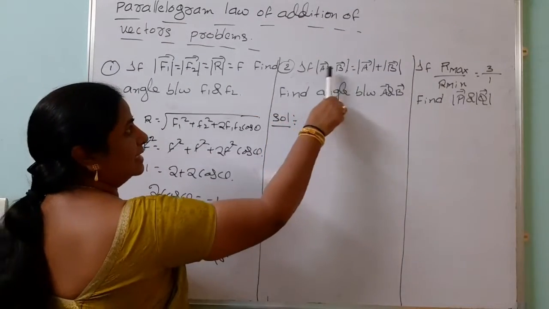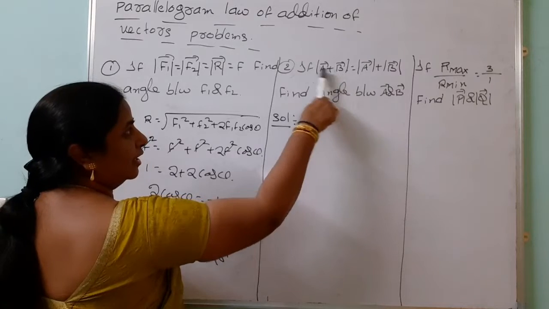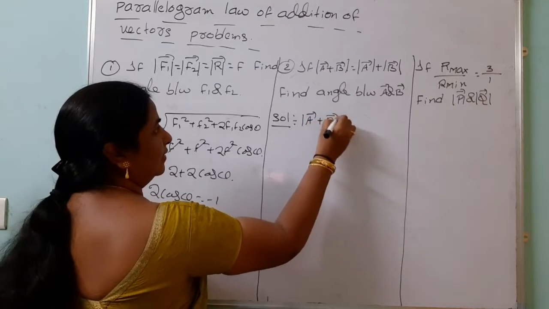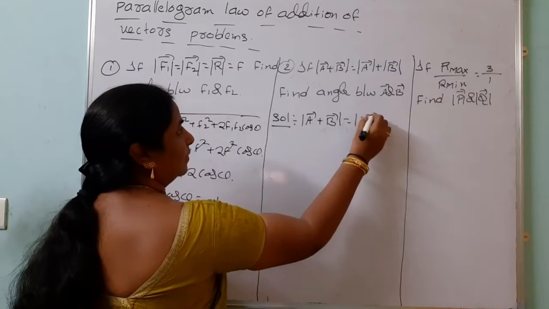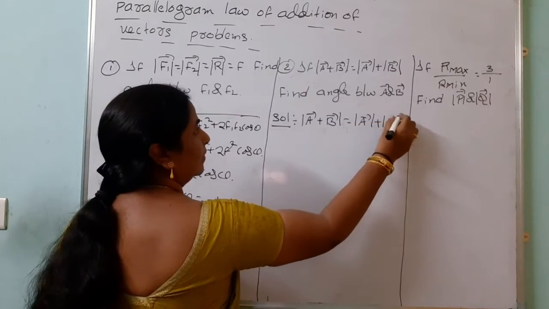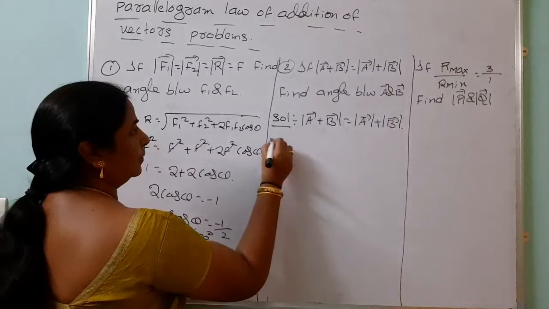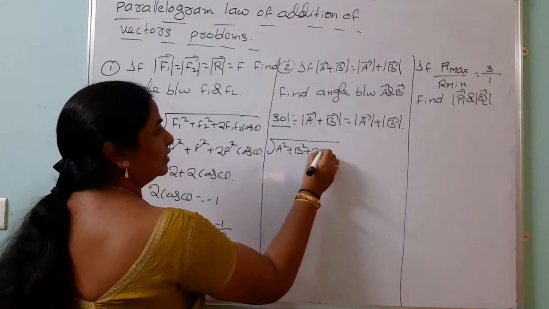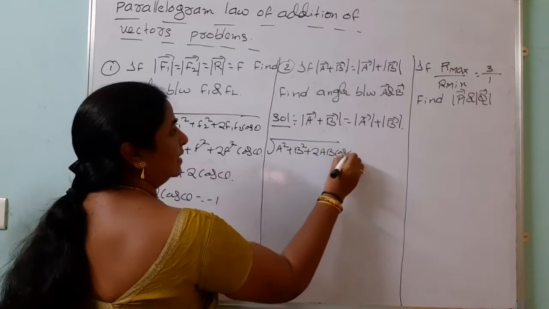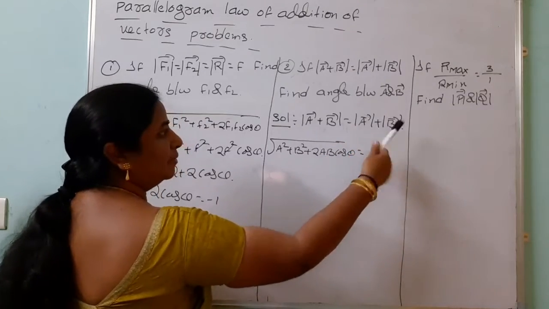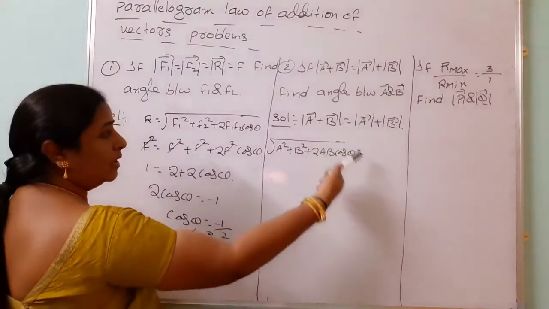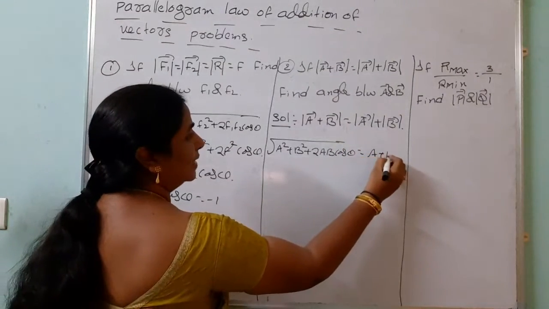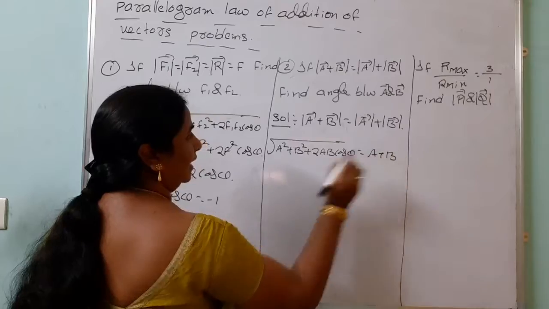From the parallelogram law of addition of vectors, we can write the given data: under root A square plus B square plus 2AB cos theta. The sum of the magnitudes, following normal algebraic formulas, should be written as A plus B.